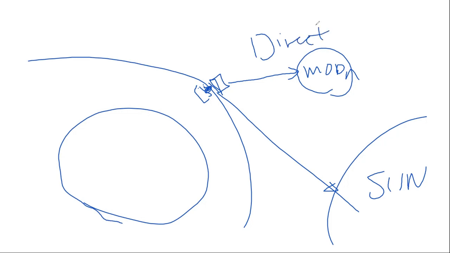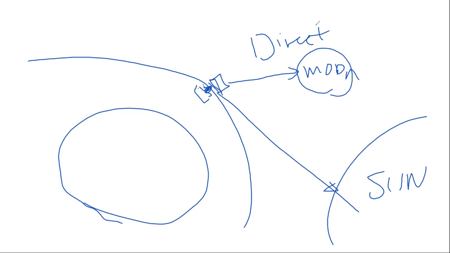Here I say sun and moon. The other planets pull the satellite towards themselves, and they deviate the satellite from its own orbit.